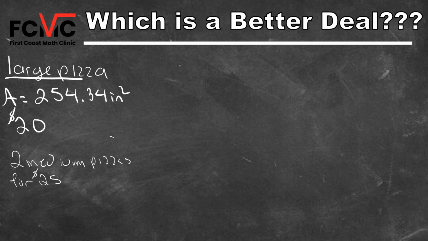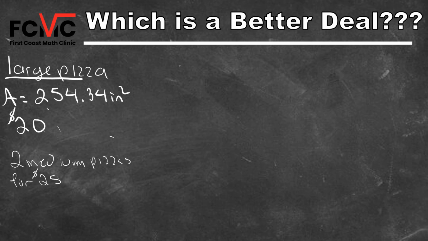Okay. So original price was $14. Now we can double that, get two medium pizzas for $25. So for only $5 additional dollars above a large pizza, we can get two medium pizzas for $25. Does it still make sense to get a large pizza, or should we get the two medium pizzas deal?